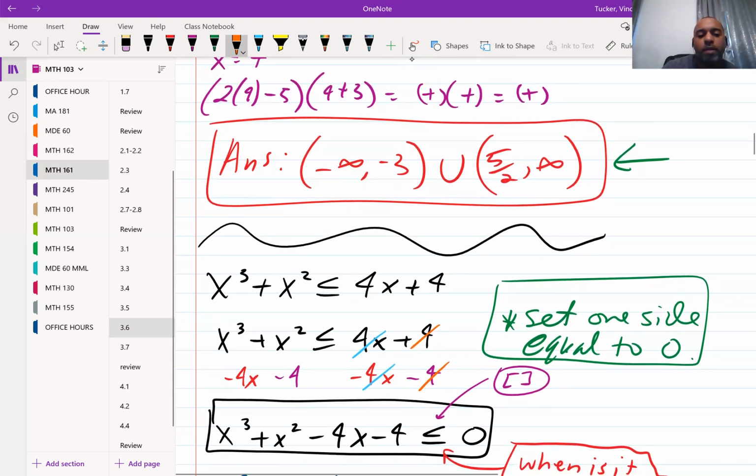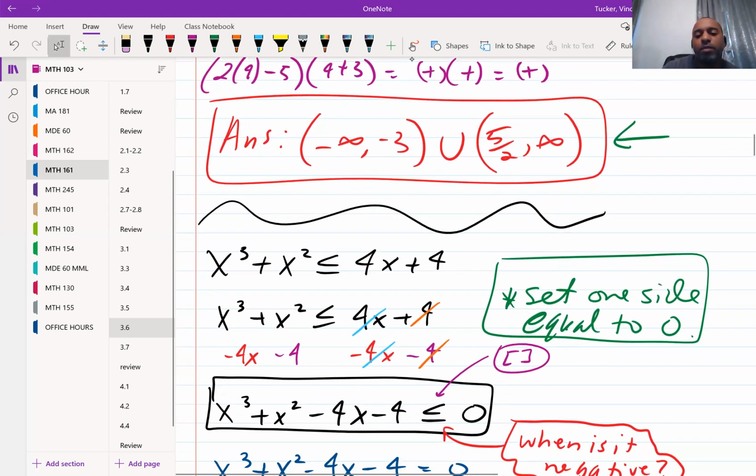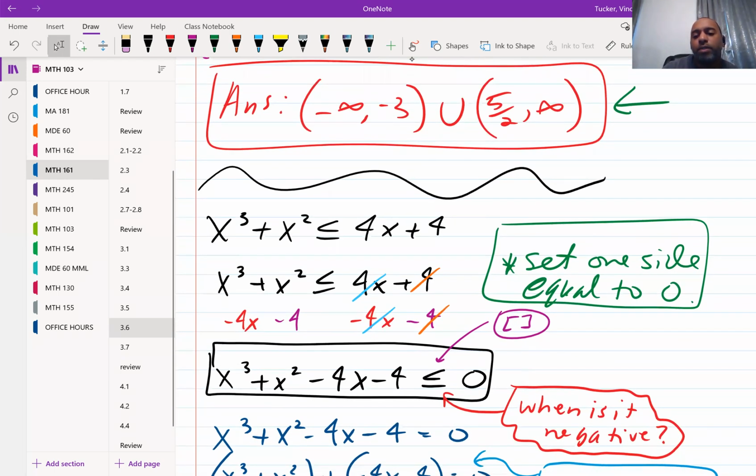All right, so now we have x cubed plus x squared minus 4x minus 4 less than or equal to 0. So you see that red circle.